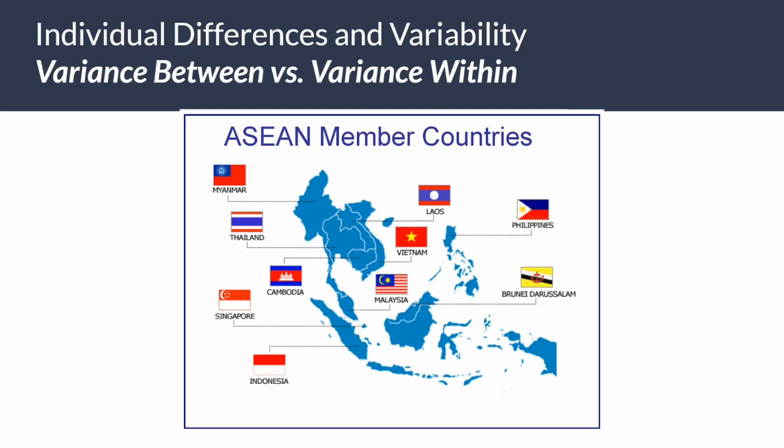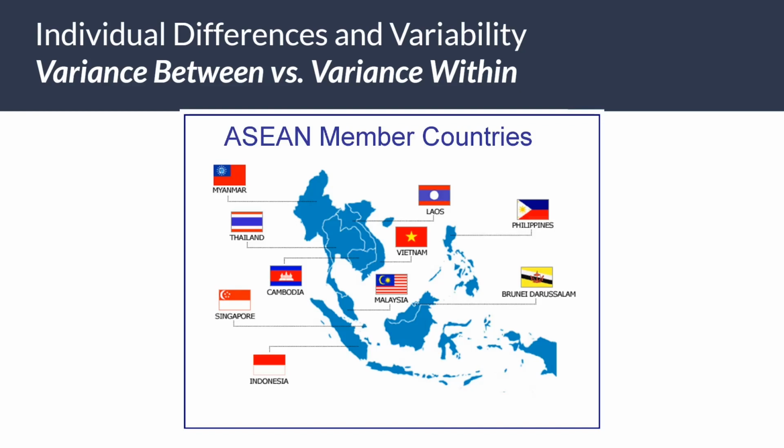Okay? In statistics, what we want to achieve is to have a high variance between, and to have a low variance within. Okay, why? If there's too much variance in one group, that will cause a lot of error. That will be an extraneous variable in your study.